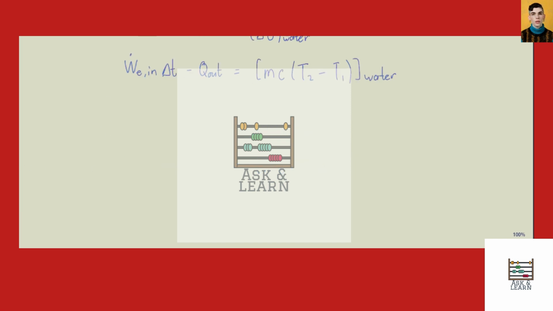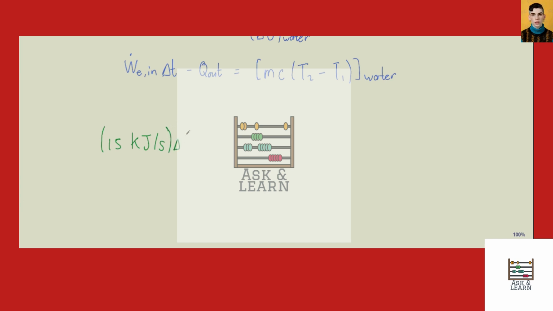Now, for the initial problem with the assistance of the solar heater, we can substitute our values. So we have the rate at which electrical work is being done, which is the power of the heater, to be 15 kilowatts or 15 kilojoules per second.